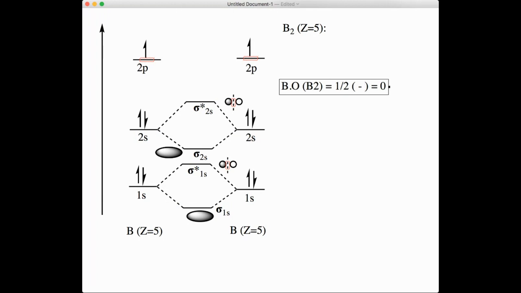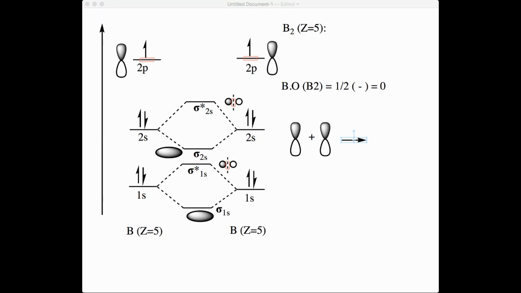Remember, a p orbital looks like this, okay? And we went over this, I believe, in the last class. So combining two p orbitals in phase, meaning adding them up. By the way, before I combine that, I want to ask, how many, if any, nodal planes do we have in a p orbital?